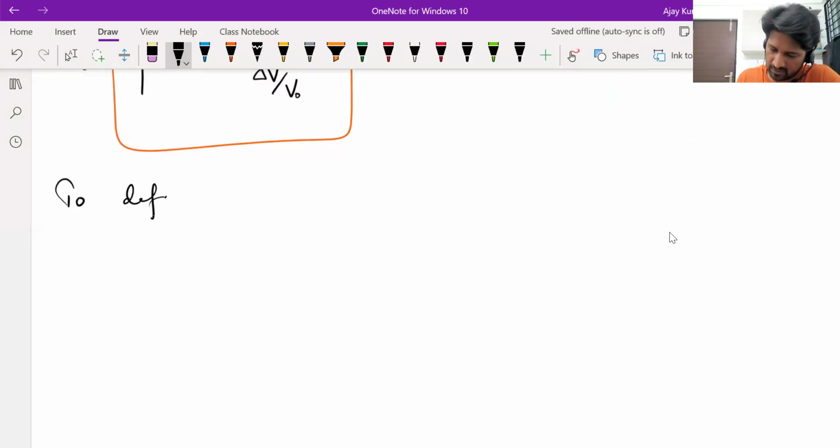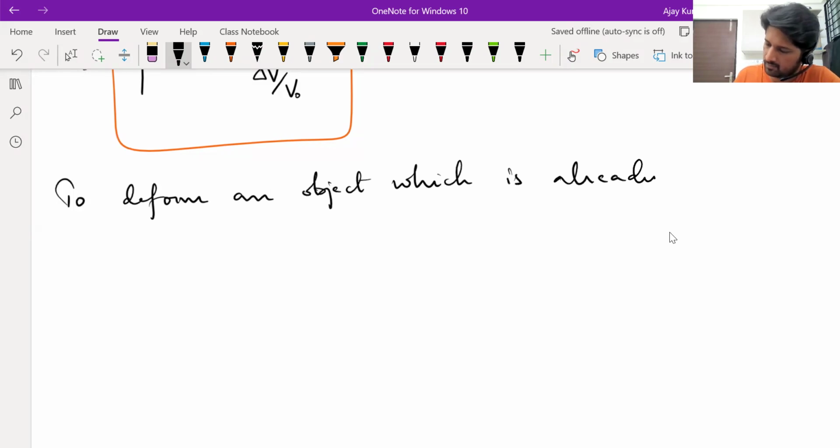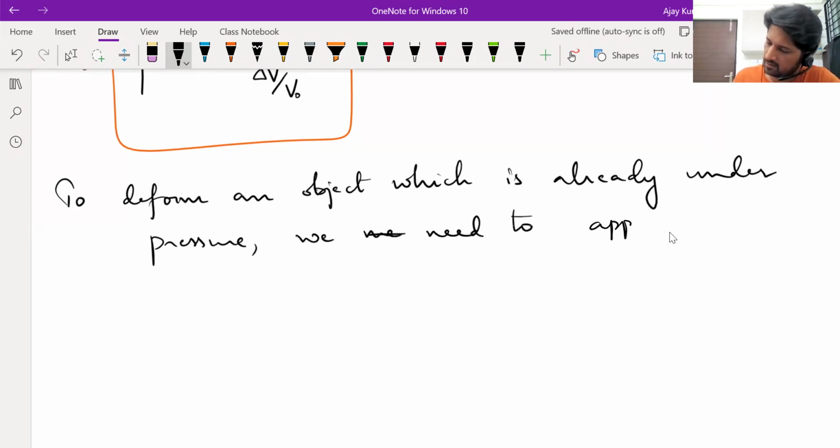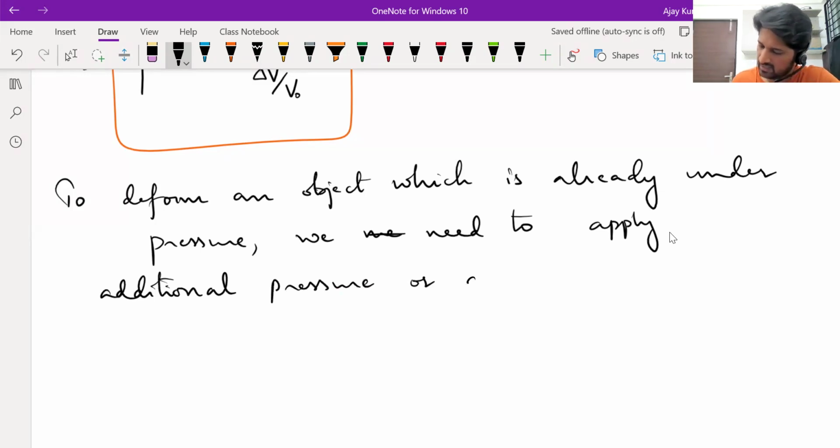To deform an object which is already under some pressure, we need to apply additional pressure, or decrease the pressure that is already acting on it.